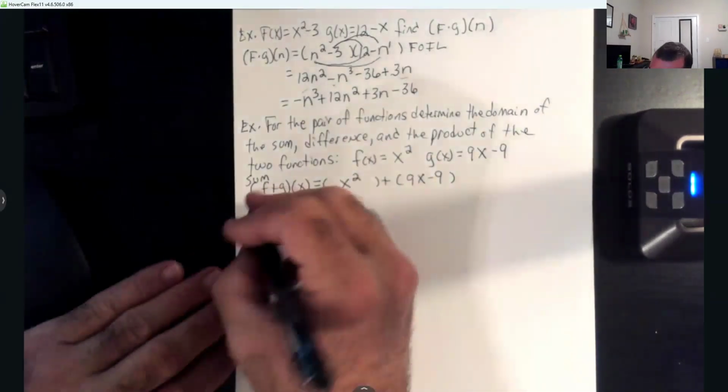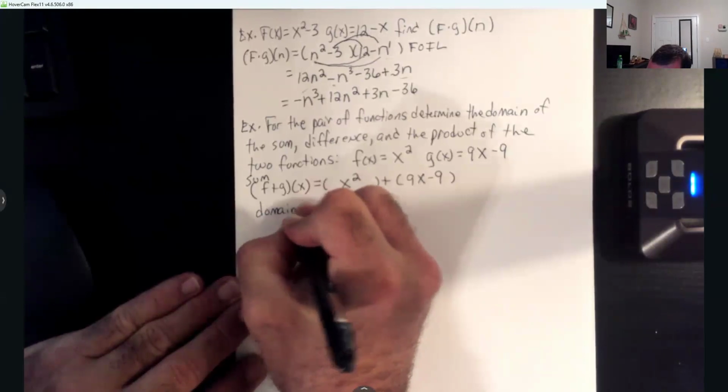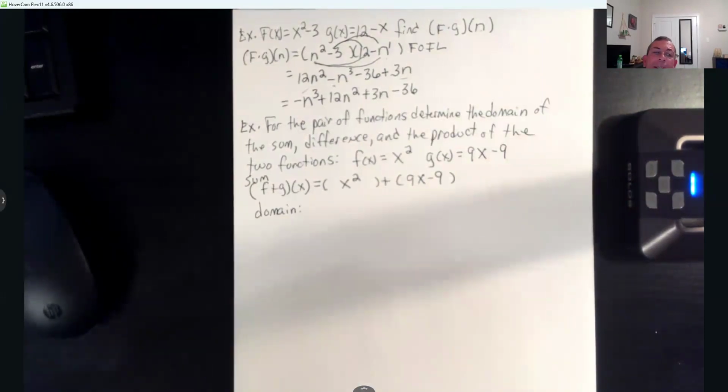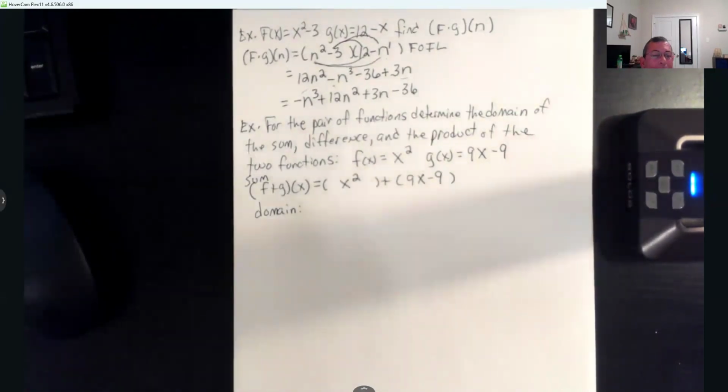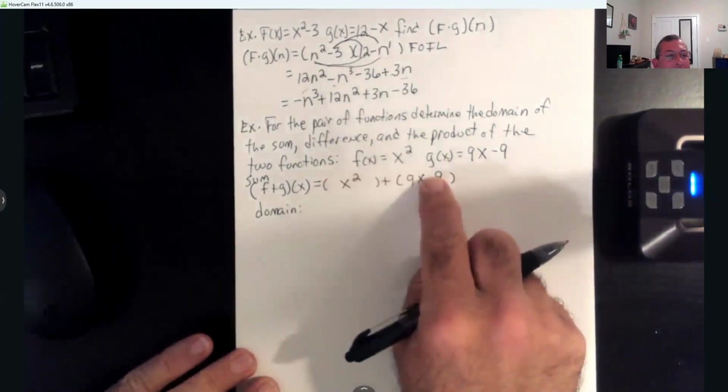So here's the question for the sum. Y'all, what is that domain? Because remember, we just did these in 2.3 a while ago. So y'all let me guess. What do y'all not see here?